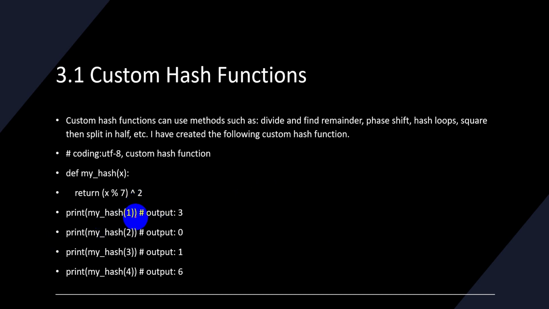Let's look at the first example. When we run this function with 1, first we do 1 mod 7, which equals 1, and then do 1 XOR 2. This means that this XOR is an operation. We first turn 1 and 2 into their binary numbers because this operation only works in binary format.